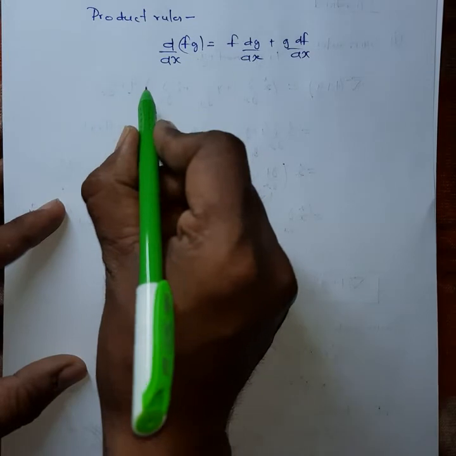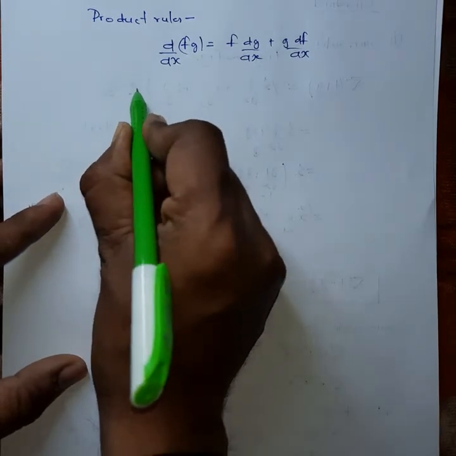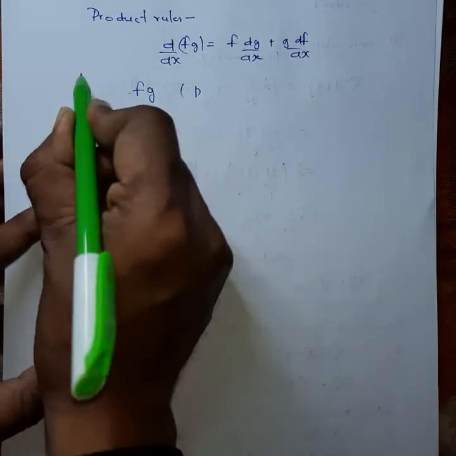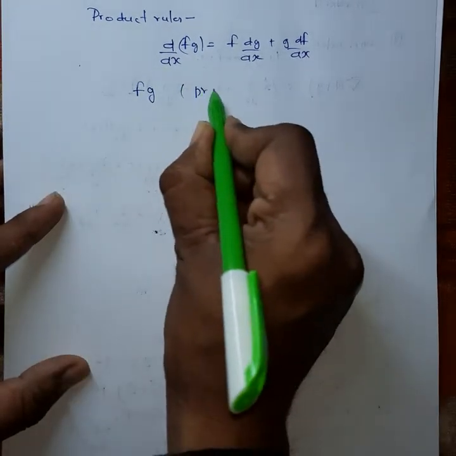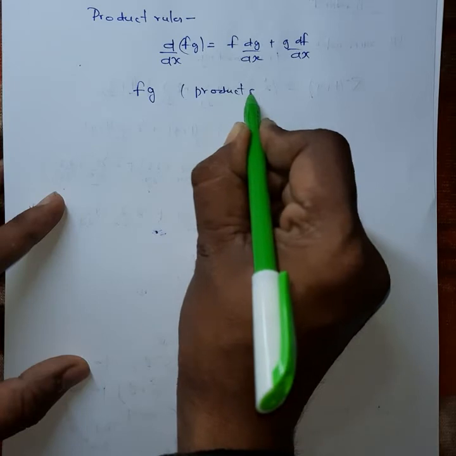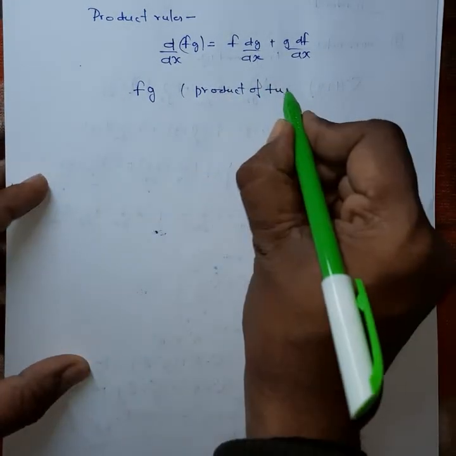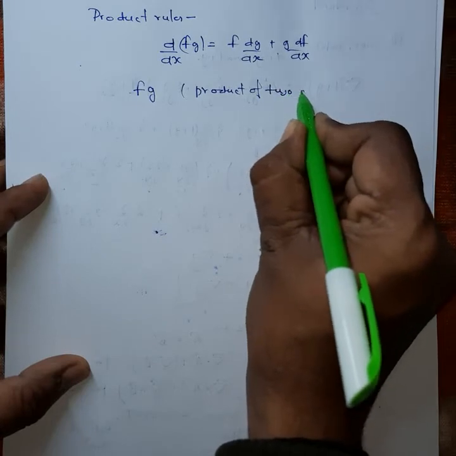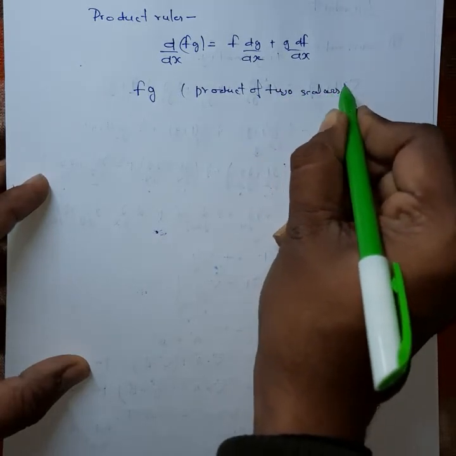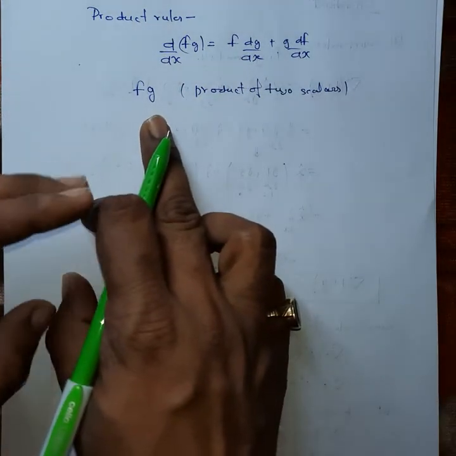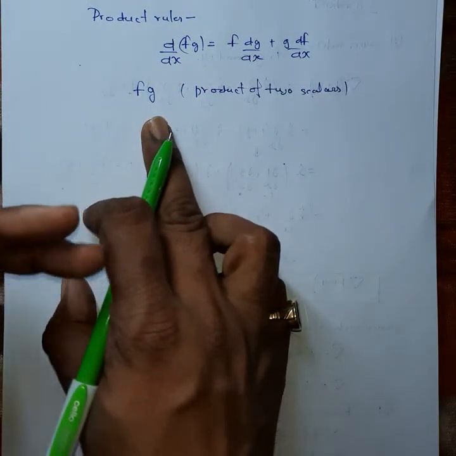Scalar functions can be made by the product of two scalars. I want to show you basically how many types of products can exist.